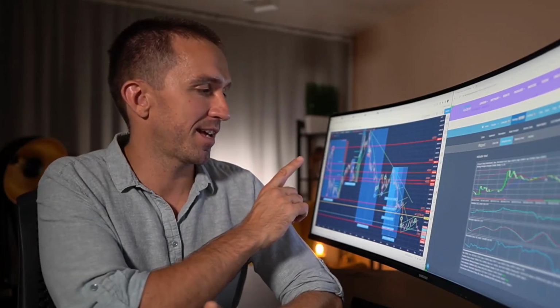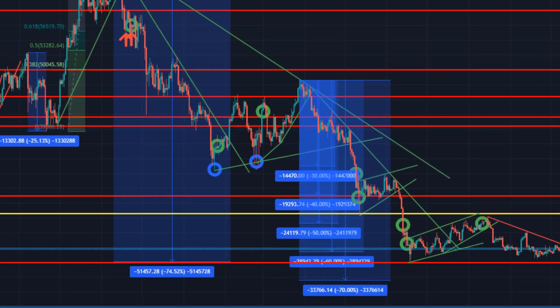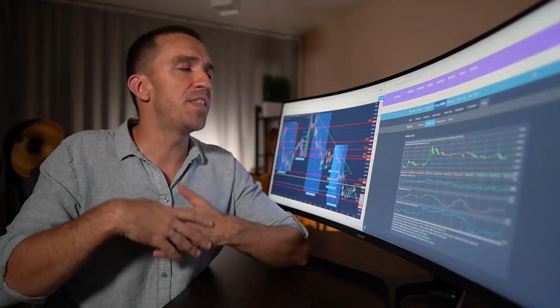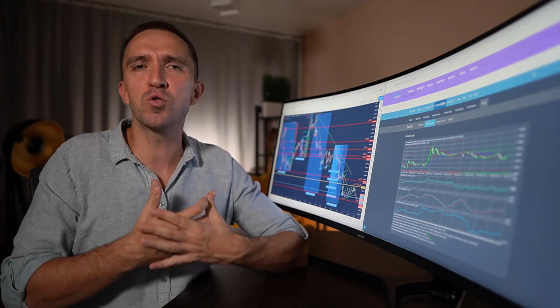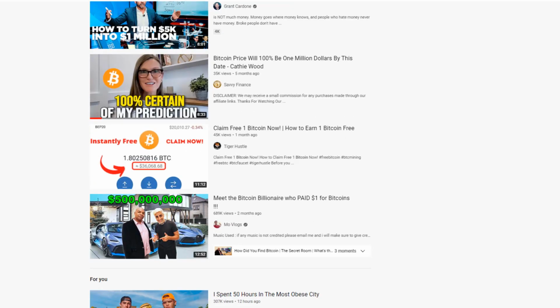This is something that so many people don't understand in investing, and especially when it comes to Bitcoin trading and cryptocurrencies. So many people lost their money because they fell in love with the idea of cryptocurrencies, and even when they saw the market crashing, they didn't sell any of their coins because they believed that it will go to $1 million, like so many predictions out there on YouTube that turn out to be extremely wrong.